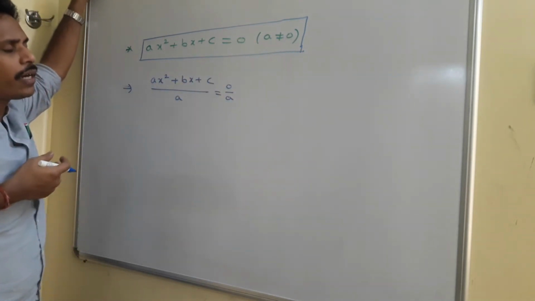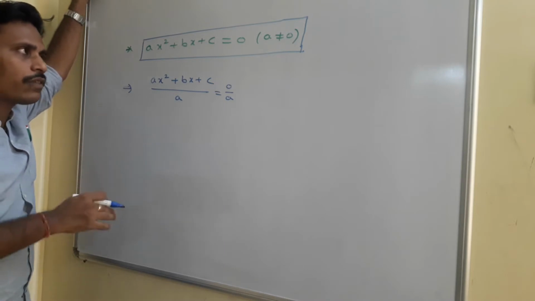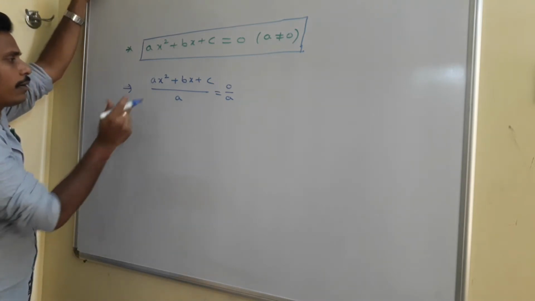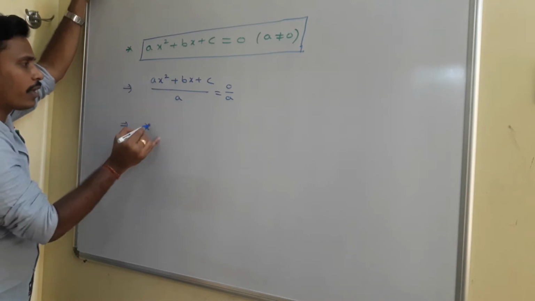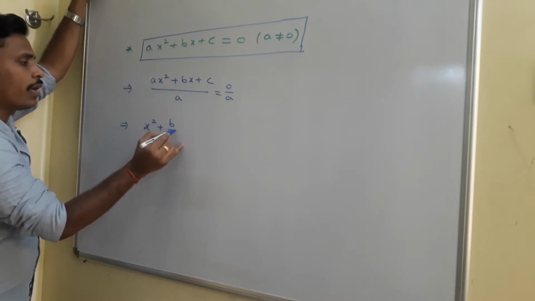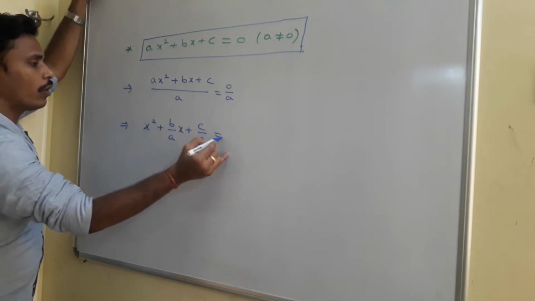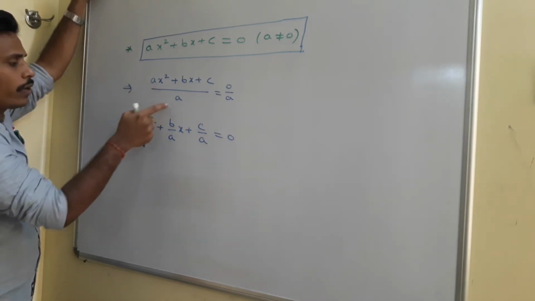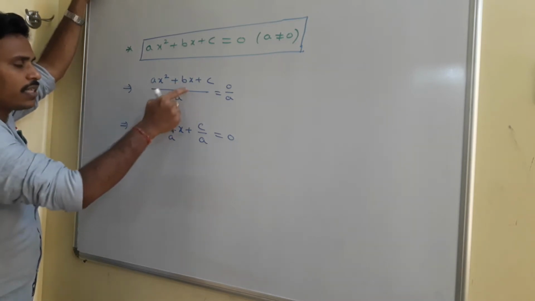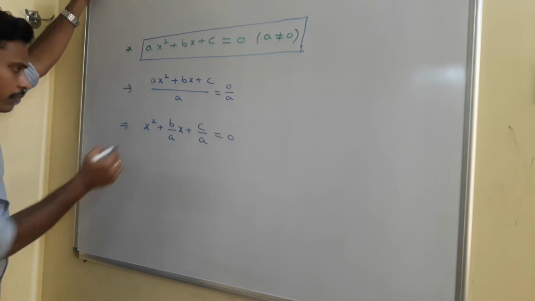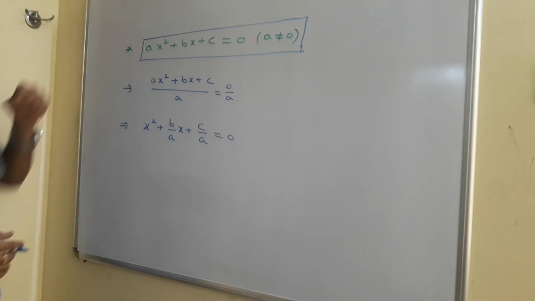We have an independent chance to divide both sides of an equation by a non-zero number, right? So now, if you split it, how does it become? Ax square by a is x square plus b by a x plus c by a is equal to 0. Ax square by a is x square, this is b by a x, and this is c by a is equal to 0.